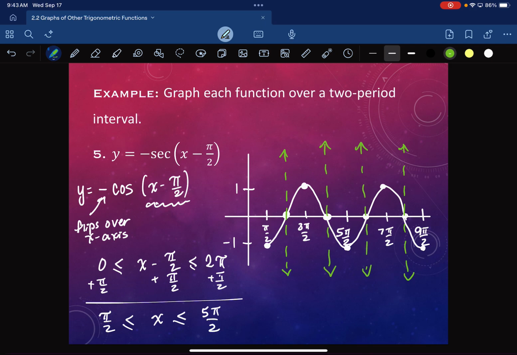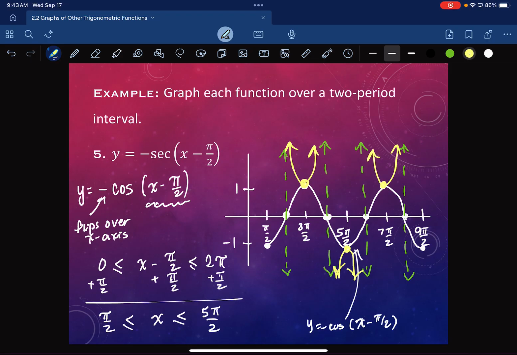Okay, let's label our curve that we did here in white as y equals negative cosine of x minus pi over 2. And in yellow, I'm going to draw the other pieces. Now, this maximum right here will be a minimum opening upward. The minimum will be a maximum on the second branch, and I've got my third branch here.